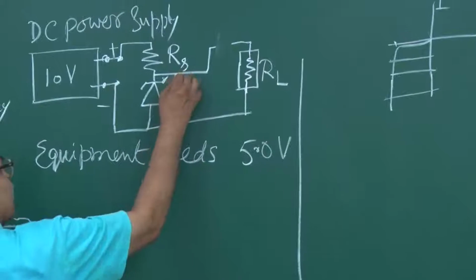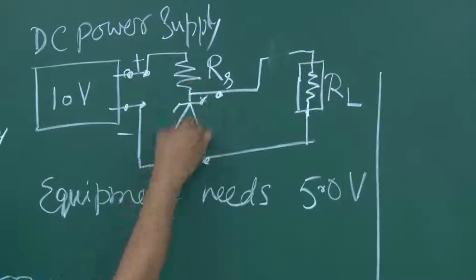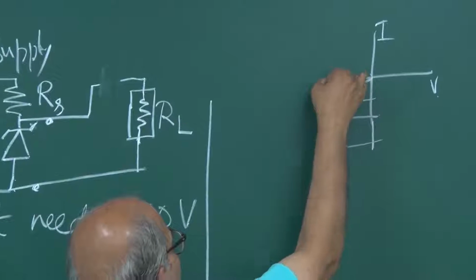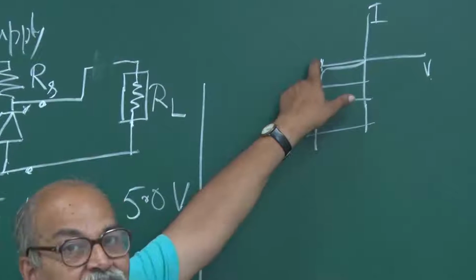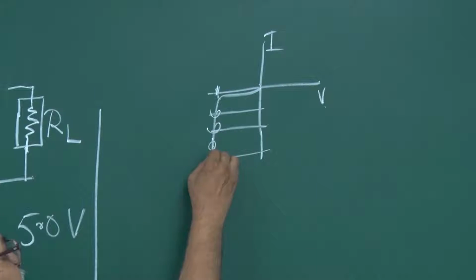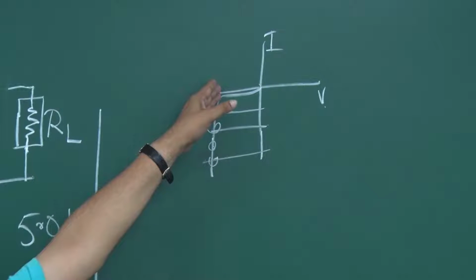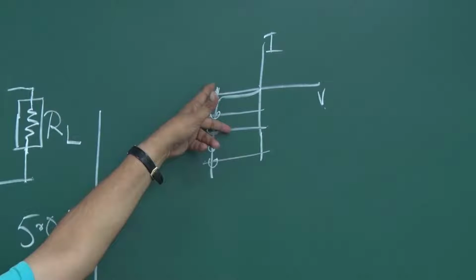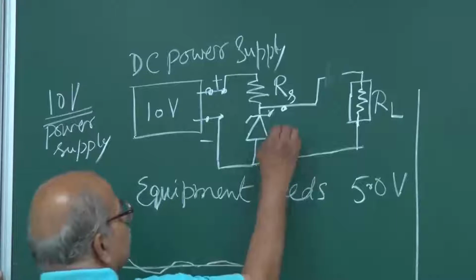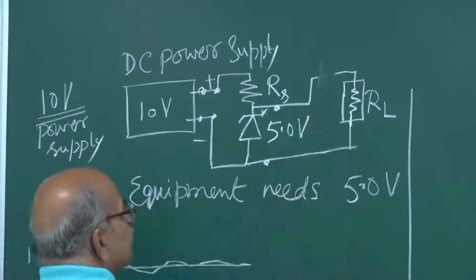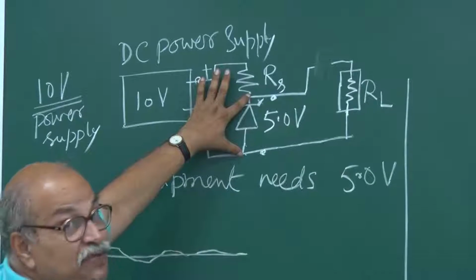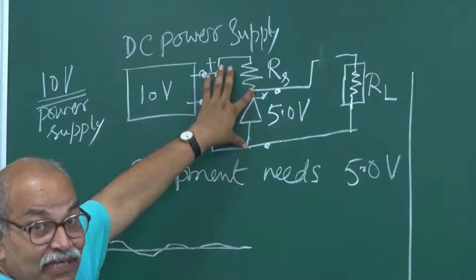Remember, this is the IV characteristics, and the voltage across this Zener, when it is operating in the breakdown region, is fixed, and that is the breakdown voltage, 5.0 volt. Whatever be the current, the voltage here is 5.0 volt if you are operating in that breakdown region.